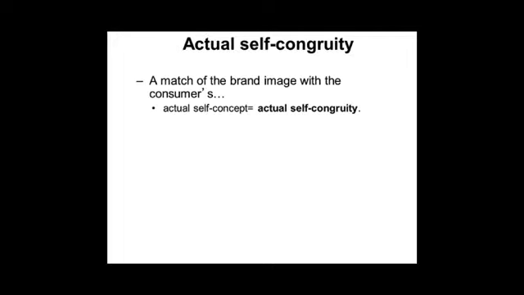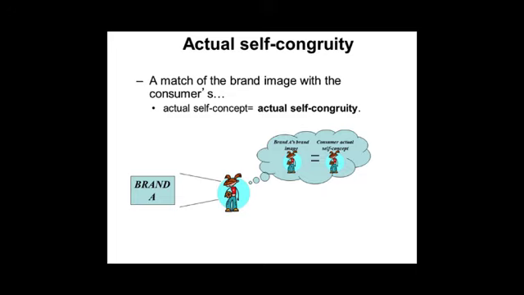So actual self-congruity, as the name implies, is the match or the congruence between the consumer's actual self-concept and the brand image. Something about my brand schema, the way that I perceive the brand, certain traits in there match up with how I view myself, the type of person that I believe I actually am. So that results in actual self-congruity.